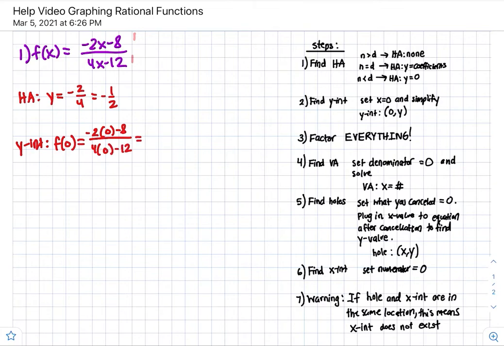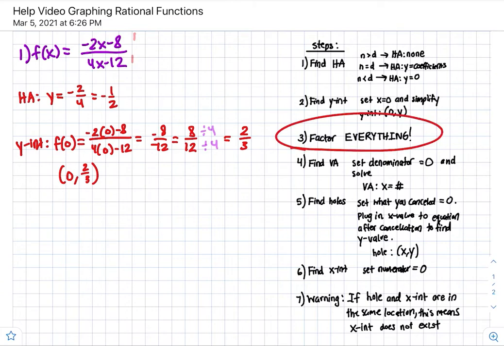And you'll notice you get -8 over -12. Simplify: a negative over a negative is a positive, and then divide top and bottom by 4. We get 2 over 3. So our y-intercept is 0, 2/3.